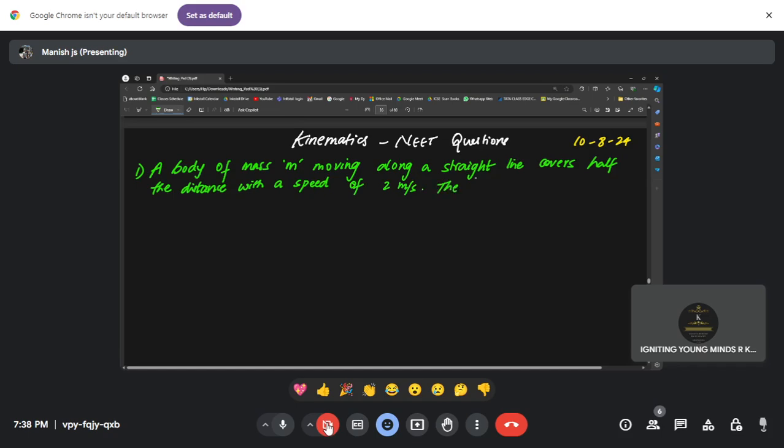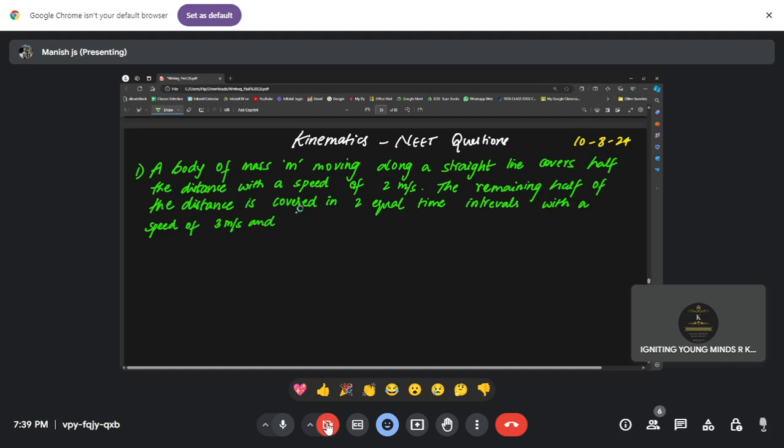Okay, and the remaining half of the distance is covered in two equal time intervals with a speed of 3 meters per second and 5 meters per second.